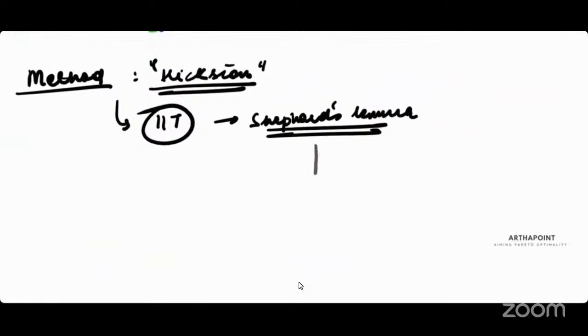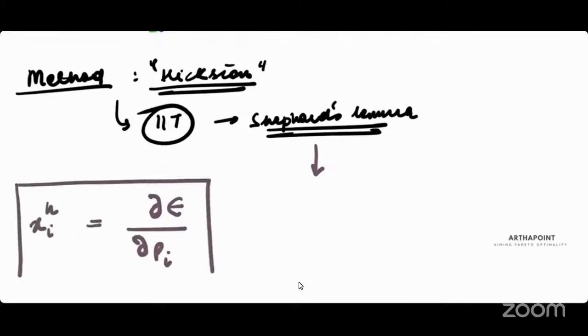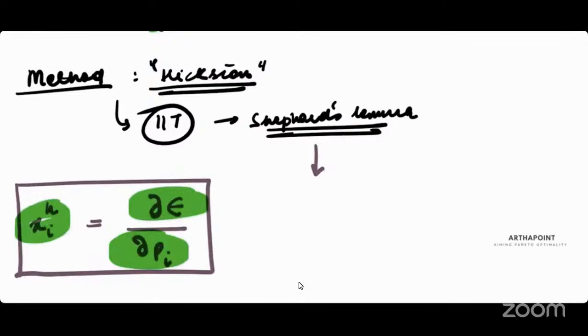This lemma suggests that in order to find the Hicksian demand function, you just have to find the derivative of the expenditure function with respect to the price, and whatever you get will be the Hicksian demand function. You have to differentiate the expenditure function with respect to prices, and what you get is the Hicksian demand function.